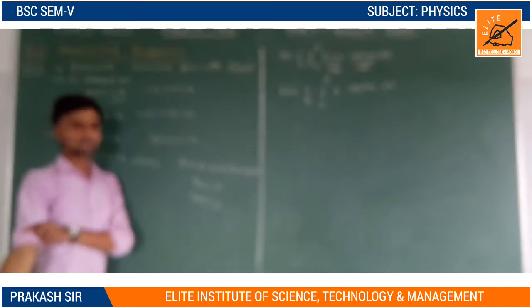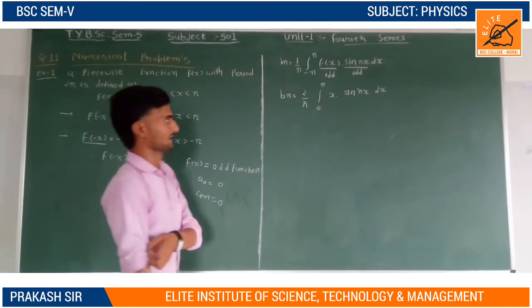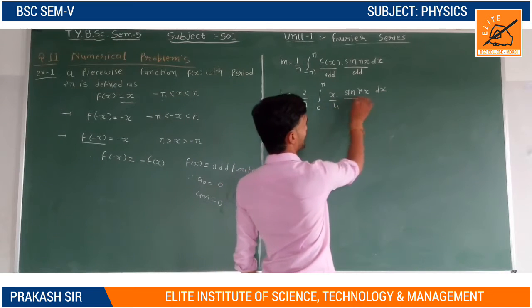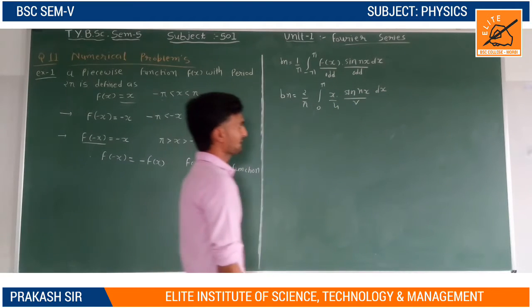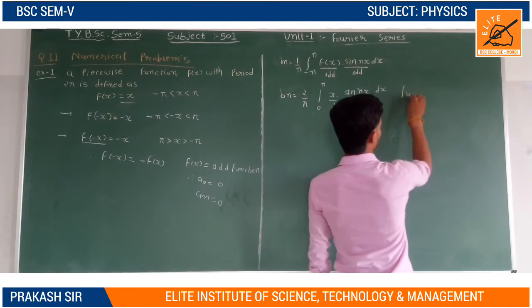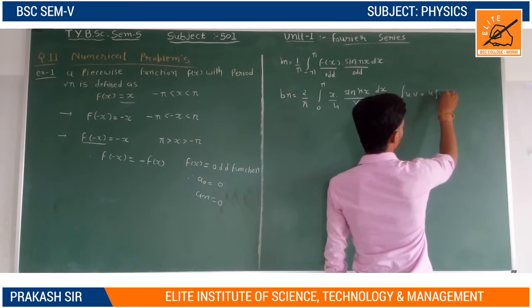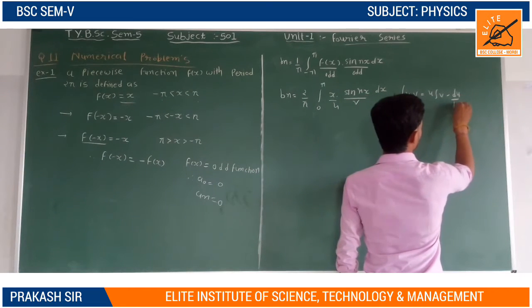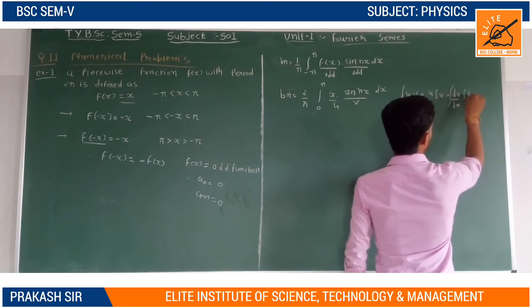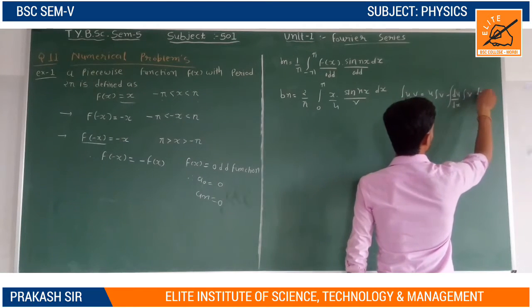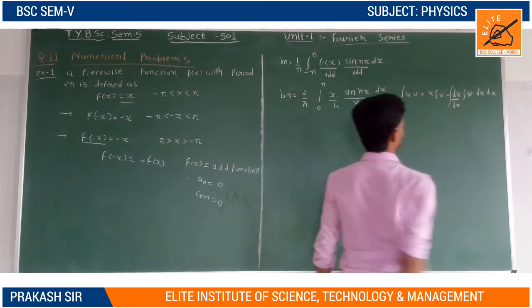Here we use integration by parts, with x into sin nx as u and v. Integration by parts: u times the integral of v, minus the integral of du upon dx times the integral of v dx.